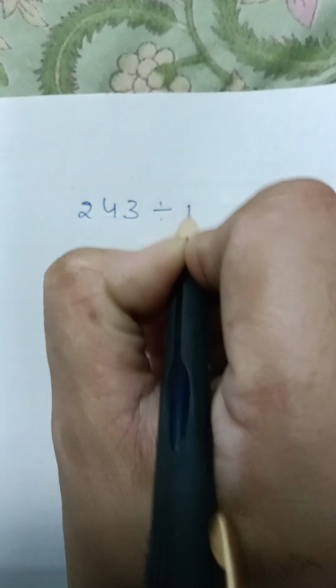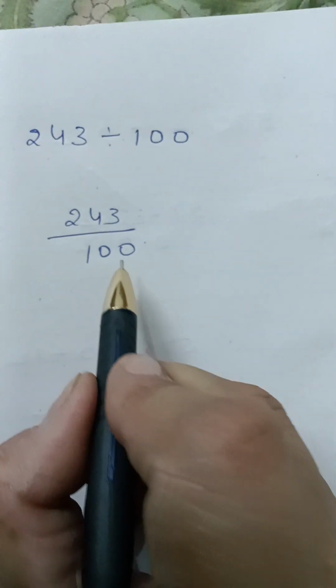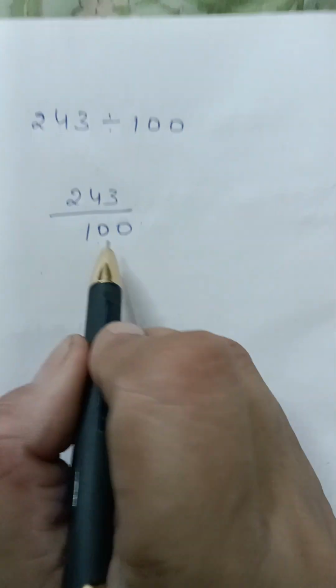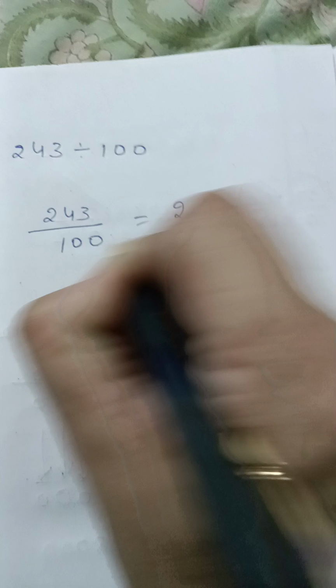The last one is, if I have to divide 243 by 100. Now this is something like 243 upon 100. So very easy, just count the zeros in 100. 2.43. 2 zeros means 2 places of decimal.